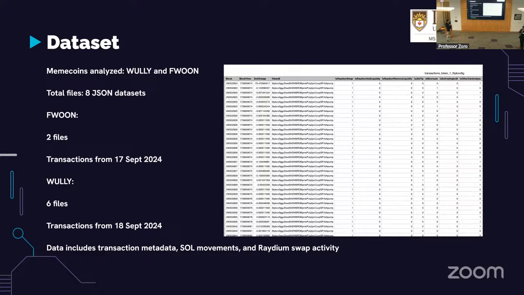So for this project, we were looking at two specific meme coins, Wooly and Foon, which were given to us by our sponsor. And there were a total of 8 JSON datasets, 2 from Foon and 6 from Wooly. The Foon dataset was from 17th of September 2024, and the Wooly was from 18th of September 2024. And on the right is a small snapshot of how that JSON file, when converted to CSV, looked like.